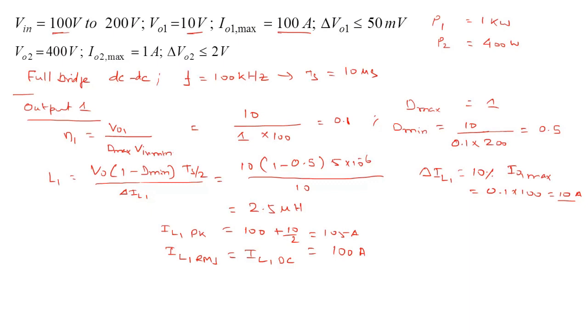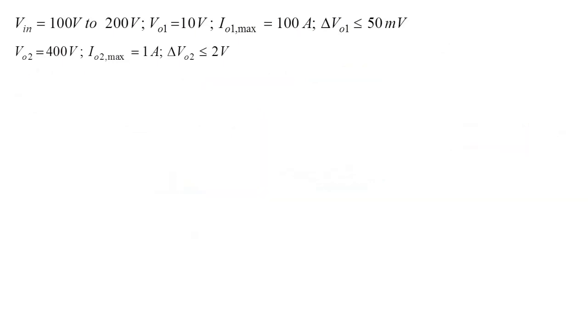For the capacitor, we need to consider several things. We need to find the ESR required, the ESR limit, the RMS current rating, and so on. So maybe we'll go to the next slide. We are still in output 1 and the capacitor.